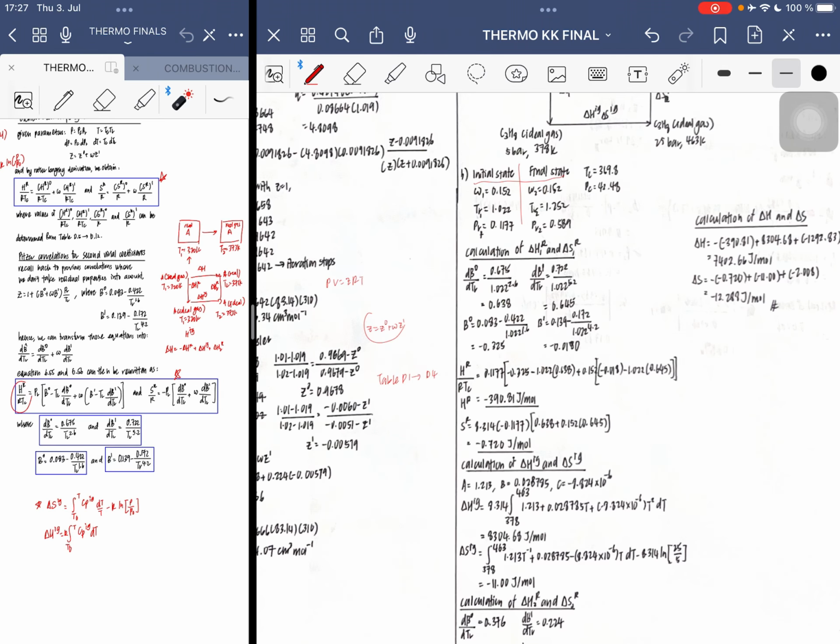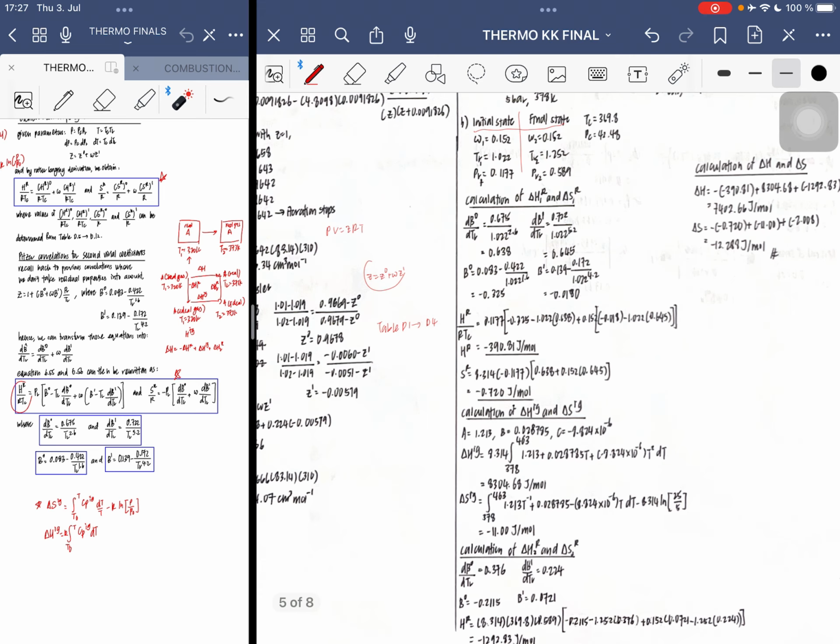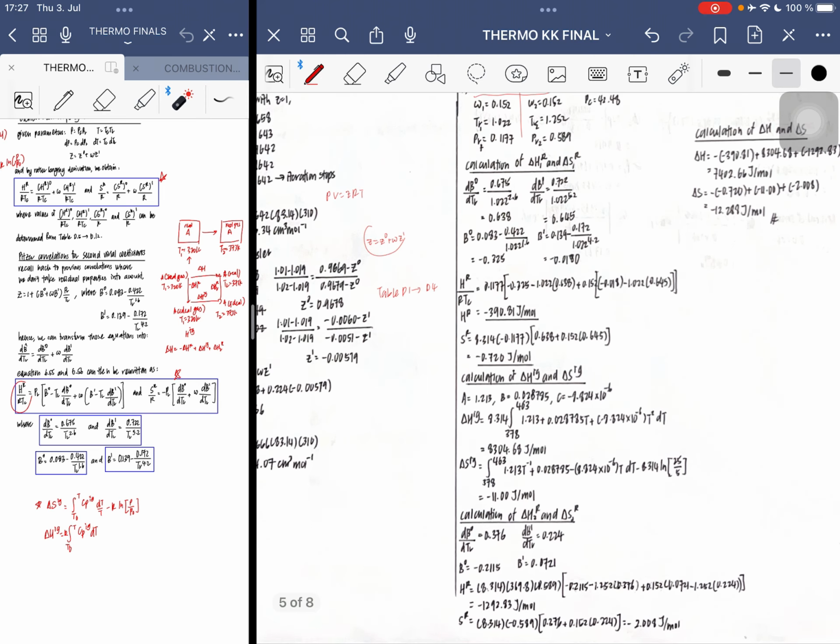Just make sure you bookmark this in your textbooks. And then HIG is just using A plus BT plus CT squared plus DT to the negative 2, integrated from initial to final. This is your CPIG, basically your HIG.